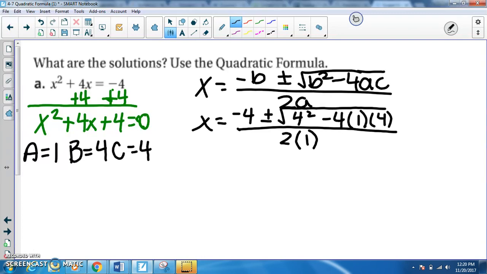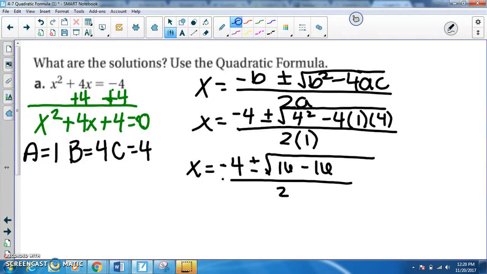Simplify. x is equal to negative 4 plus or minus the square root of 4 squared, which is 16, minus 4 times 1 times 4, which is 16, all over 2. x is equal to negative 4 plus or minus the square root of 16 minus 16, which is the square root of 0, which is plus or minus 0, over 2.